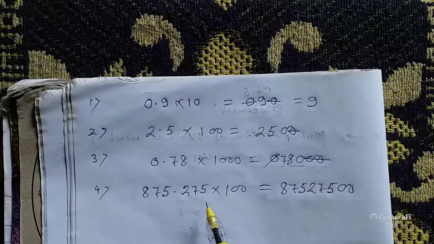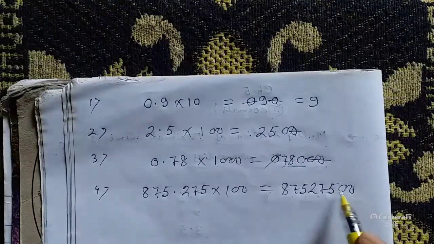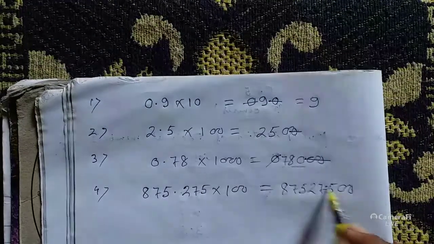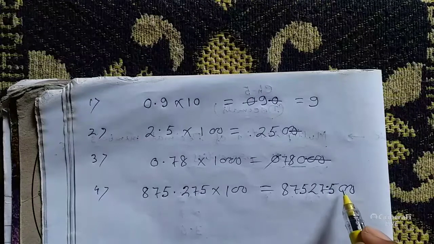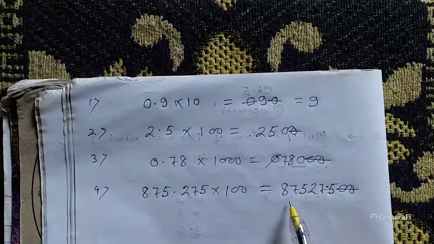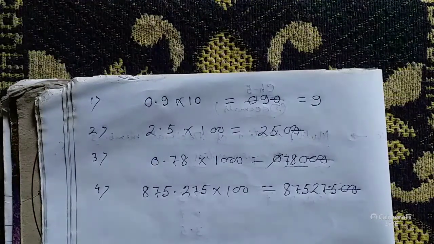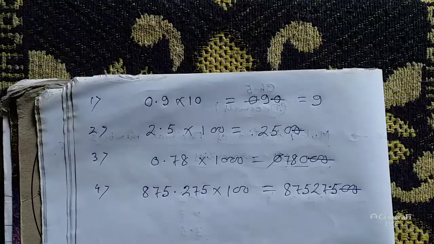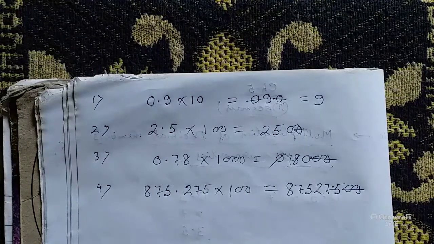Now put the decimal after 1, 2, 3 digits from the right side. 1, 2, 3 digits here, decimal here. After the decimal 2 zeros are there, we can cut the zeros. So the result becomes 87,527.5.